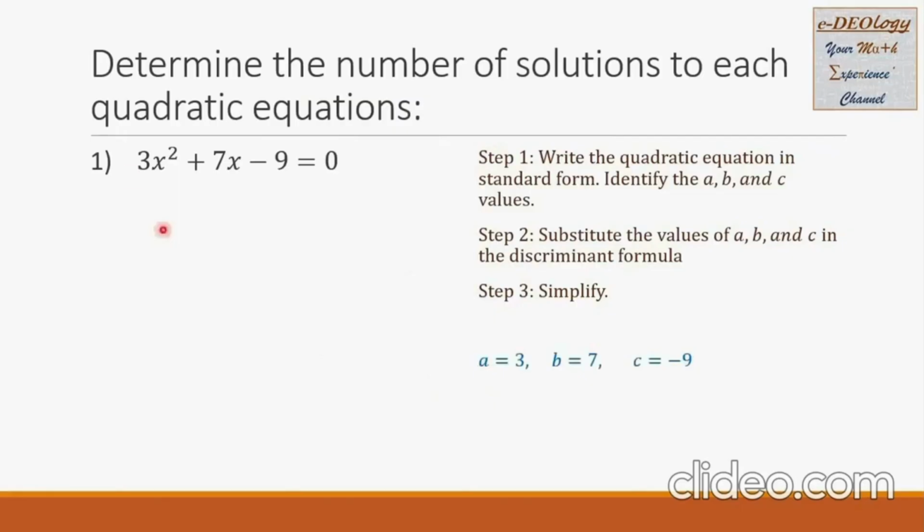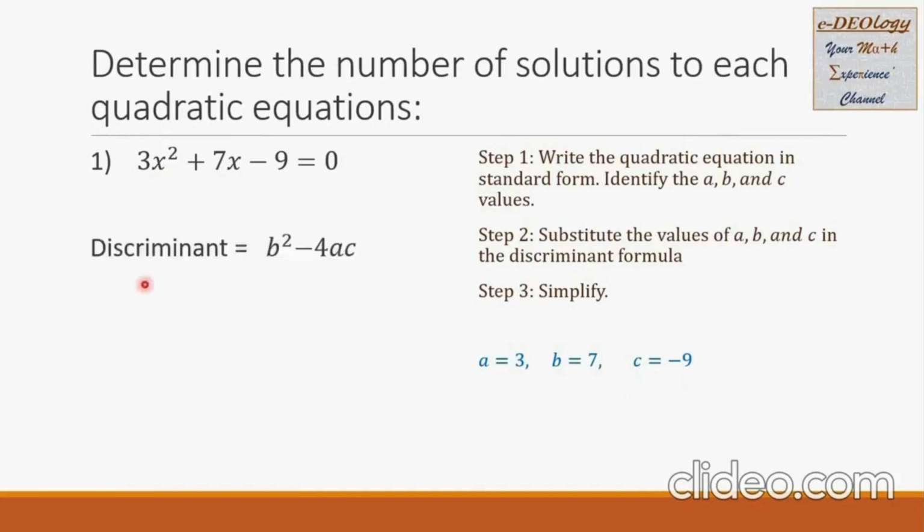The a is the coefficient of x squared, and that is 3. The b is the coefficient of x, that is positive 7. And the c is the constant, it is negative 9.